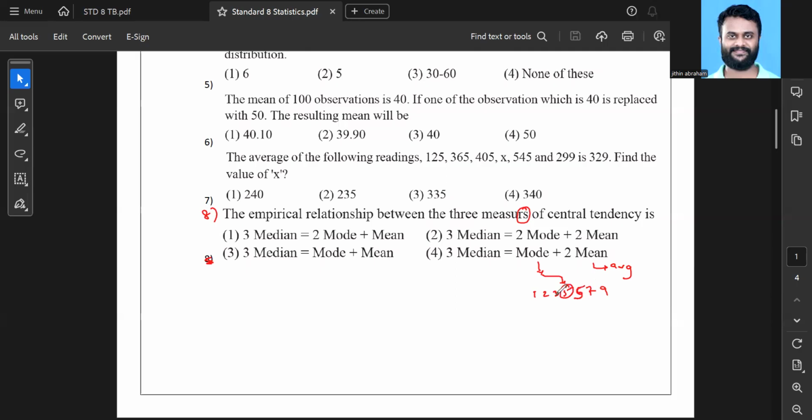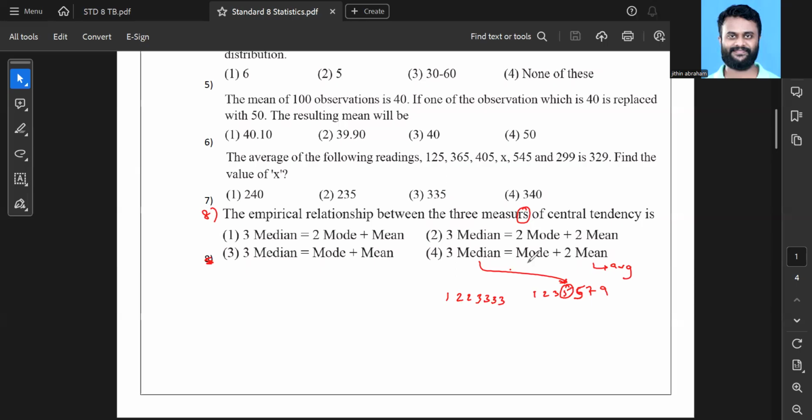For example, there are multiple fives. This is possible. It doesn't matter. Whichever number is coming in the middle is called the median. And what is mode basically? Mode is, let's say, 1, 2, 2, 3, 3, 3, 3.